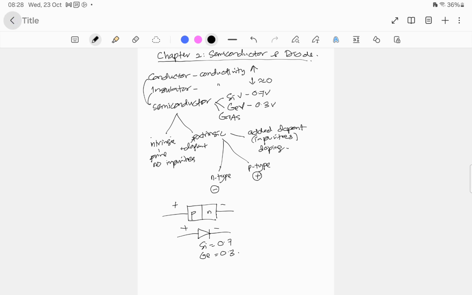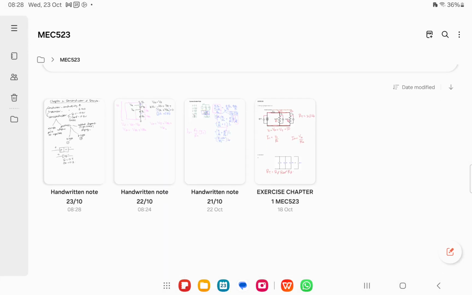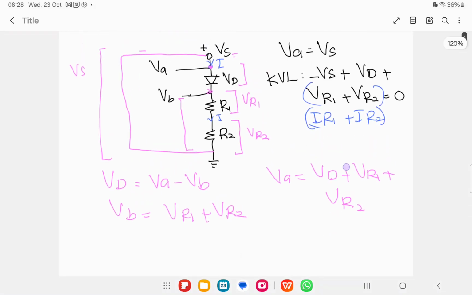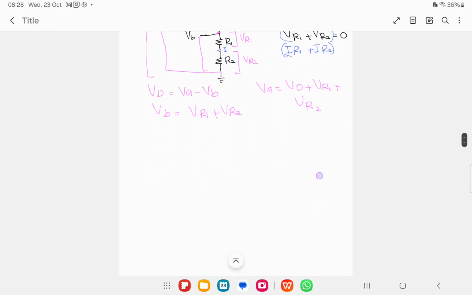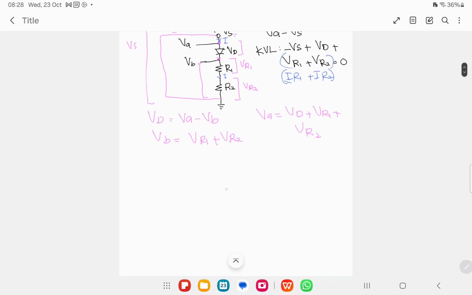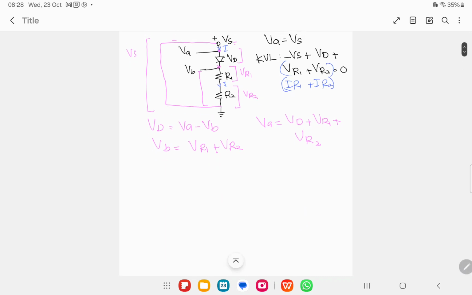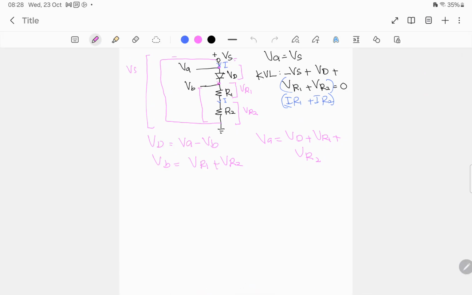I want to show this one. I will draw starting from the bottom. We have VS. Okay, so I will redraw it.